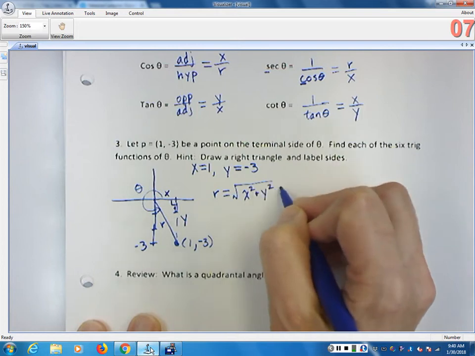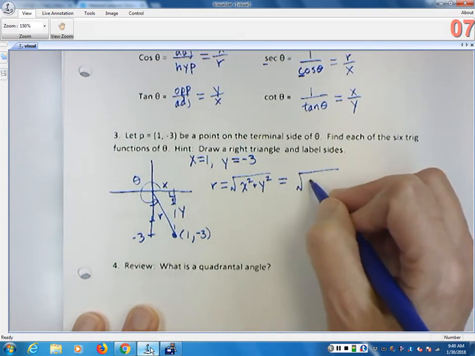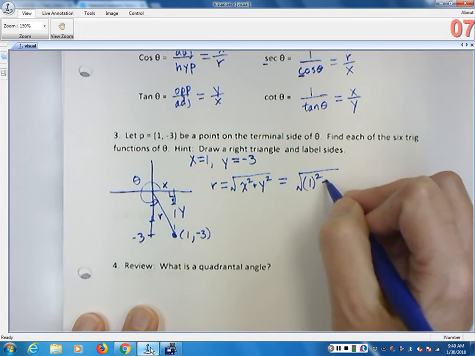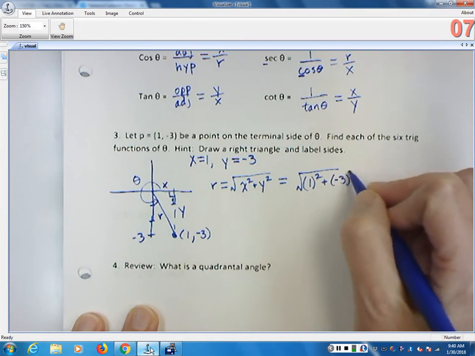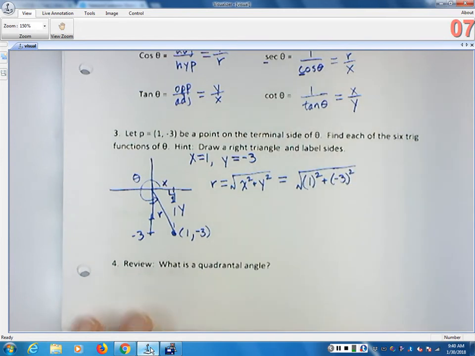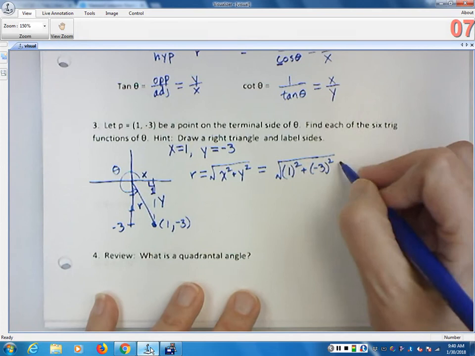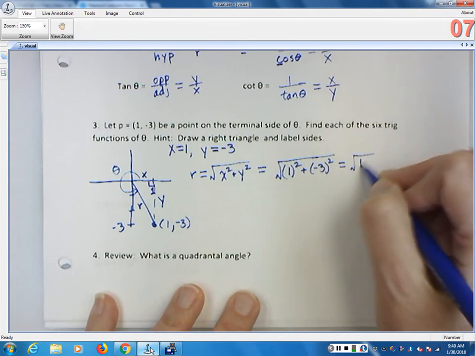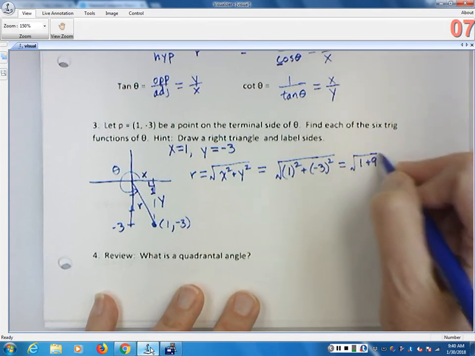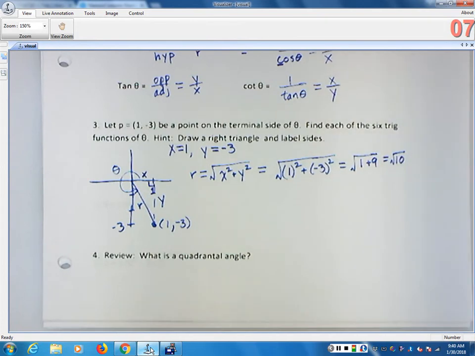That's the square root of 1 squared plus -3 squared. That's the square root of 1 plus 9. That's the square root of 10. And I'm going to want exact answers, so you're not going to take your calculator and find the approximate value of square root of 10. You're going to use square root of 10 in all these.